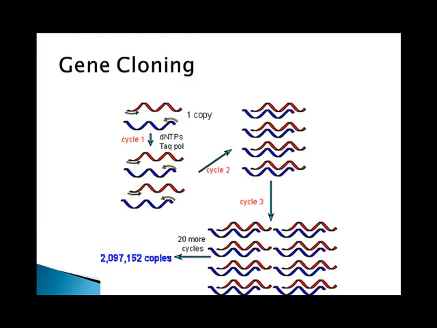With these RFLPs, these polymorphisms, everybody has different amounts of copies of almost junk DNA. We can use that to determine inheritance, and we can determine guilt in major crimes. So it's quite important in forensics labs and things like that.